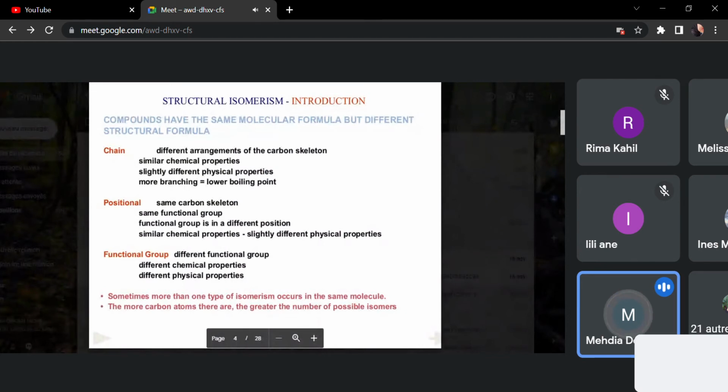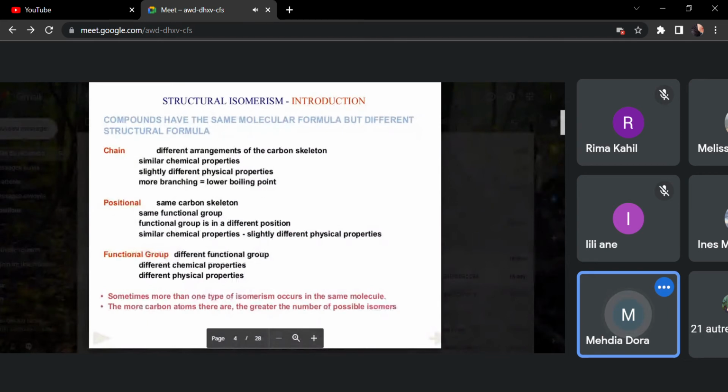The same molecular weight, the same carbon skeleton, but slightly different physical properties. More branching means a lower boiling point. This is about the chain.